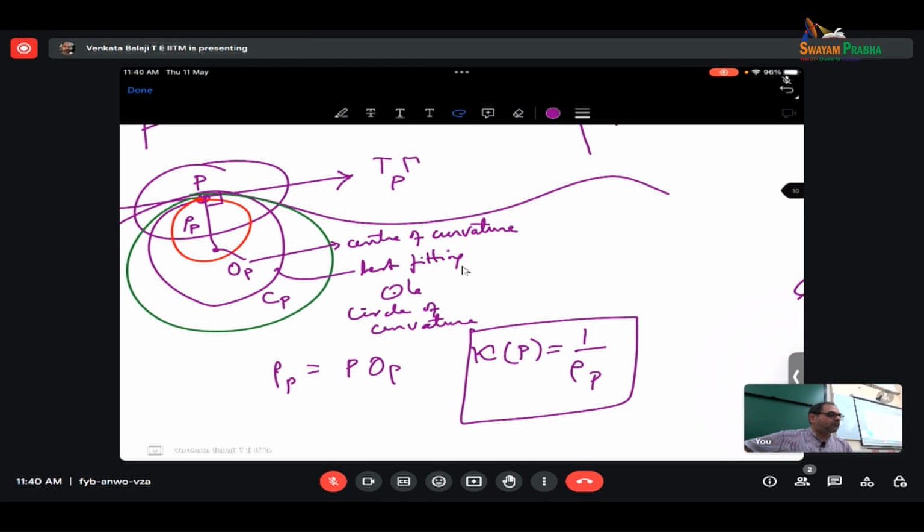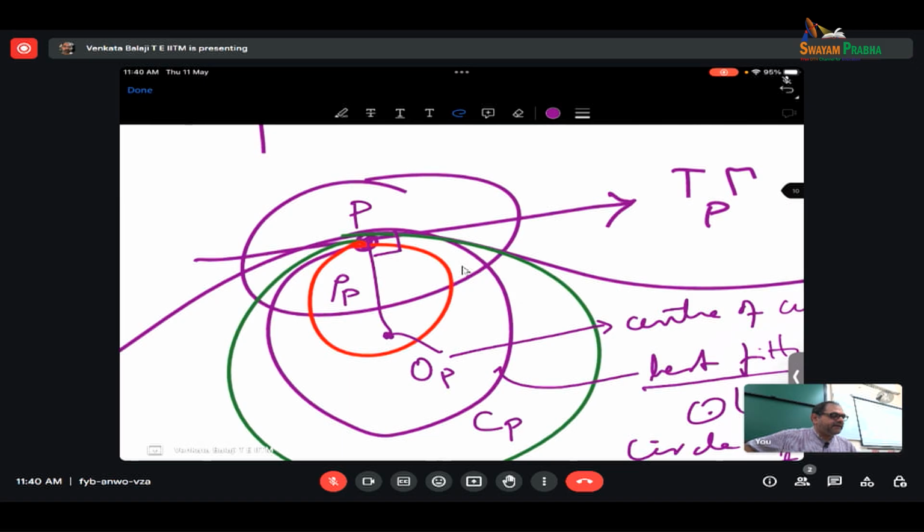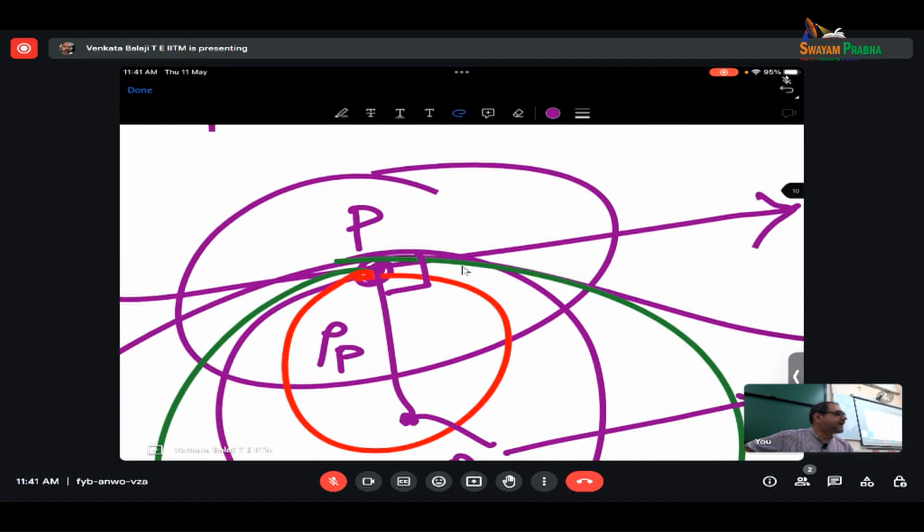Now the question is, how do you get this best fitting guy? This is a geometric way of looking at curvature, but there is this question of what is meant by best fitting. And of course, as you asked, you can do the following thing. I can compare the distances between points on the curve and points on the circle very close to this point, in the normal direction.